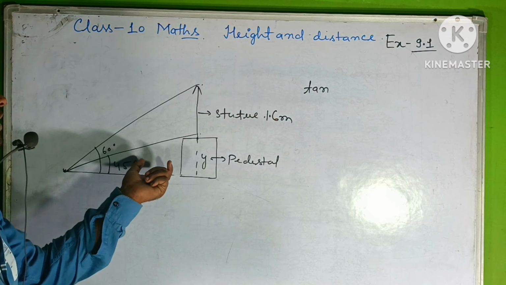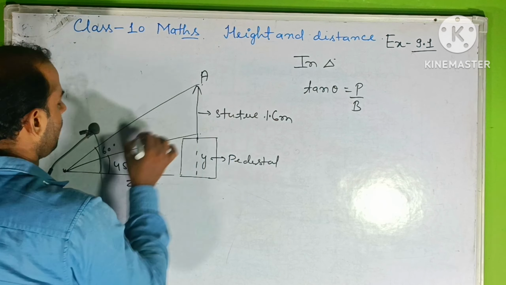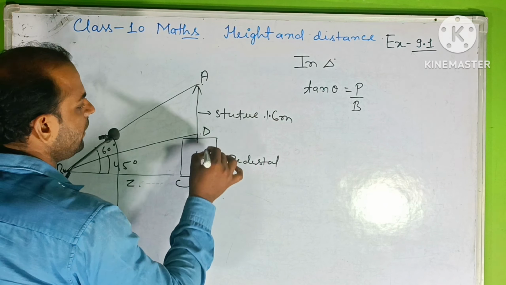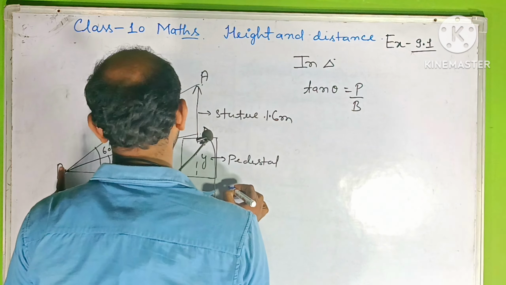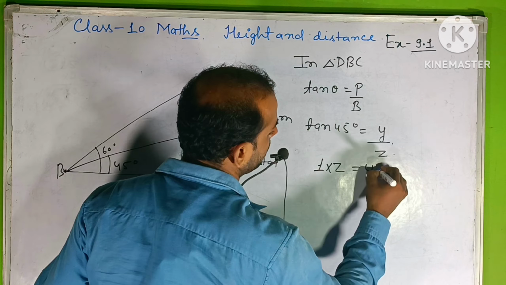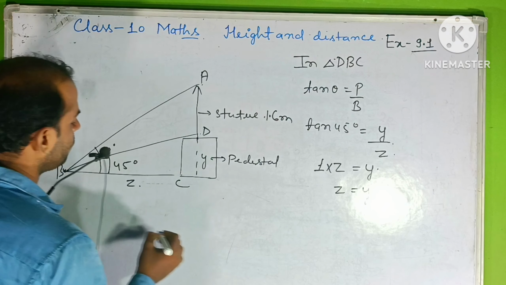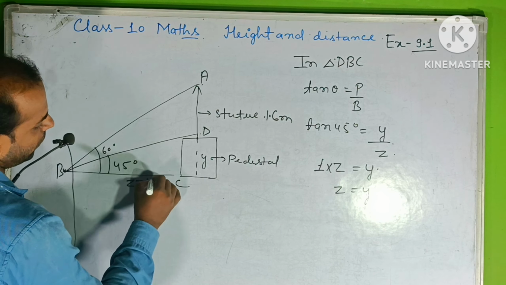In triangle DBC, tan 45 degrees is equal to perpendicular, which is y, upon base, which is z. Very easy. Now tan 45 is 1, so z is equal to y. So from here onwards you can put y in place of z, because the values of both are equal. Now take the bigger one.